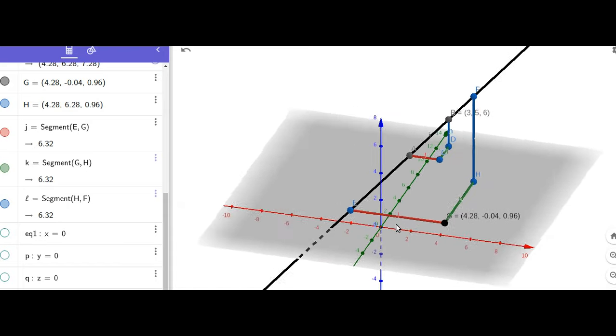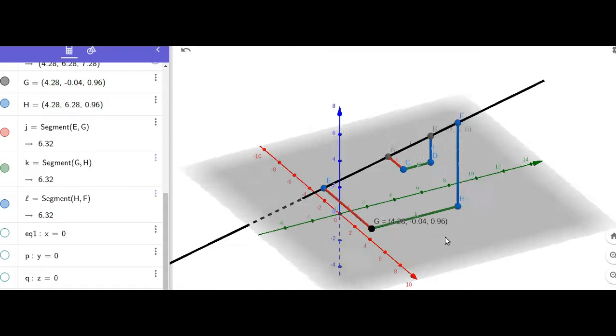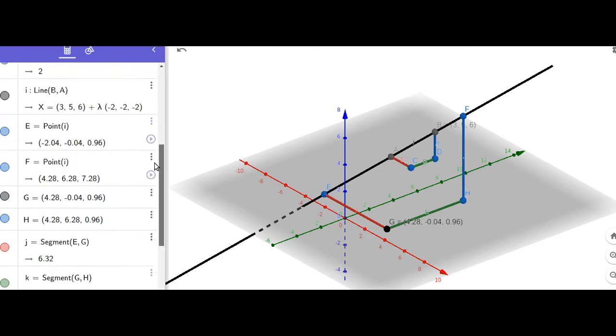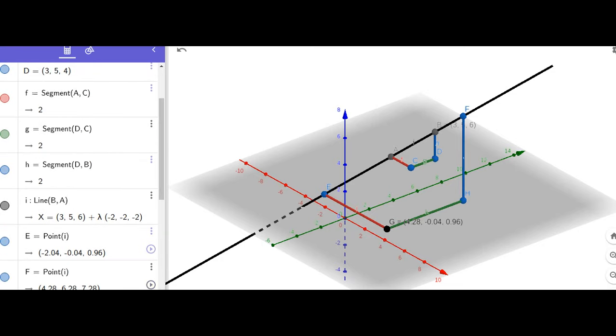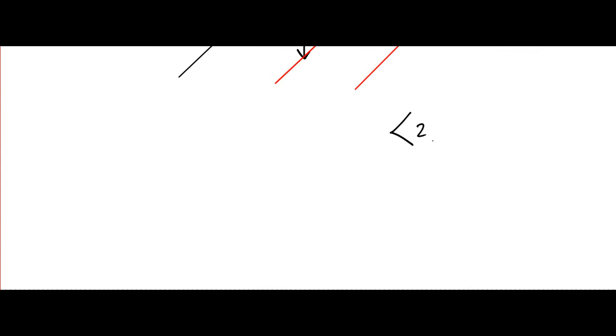And now take a look at the smaller segment length, 2, 2, 2. So look at this. The first answer was 2, 2, 2, and the second answer was 6.32, 6.32, 6.32. Remember, it need not be the same number, but here it came the same number.